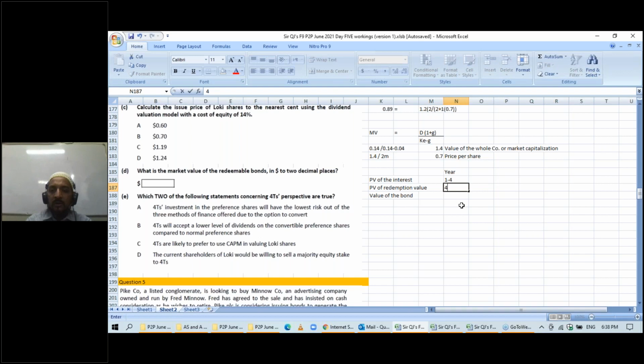of redemption value, the cash flow will occur at year 4. So these are the timings. Then the cash flow amount will be, interest will be of 5. Why 5? Usually a bond is assumed to be of 100 face value, and 5% is the rate which is given in the question.